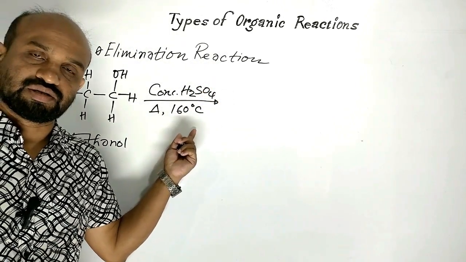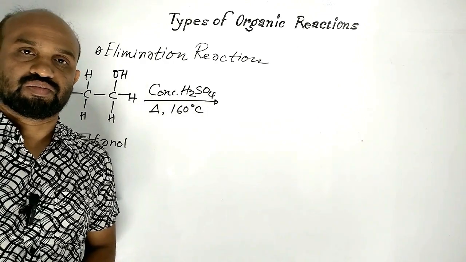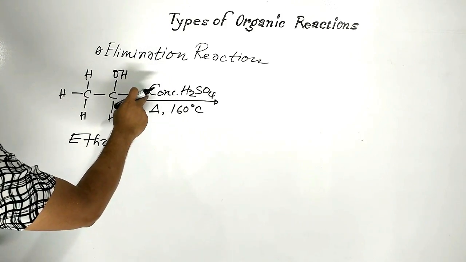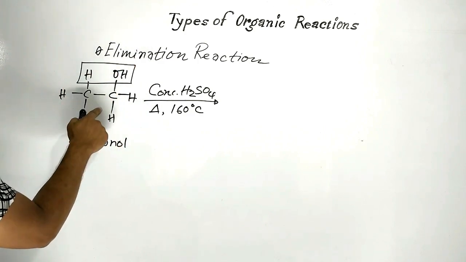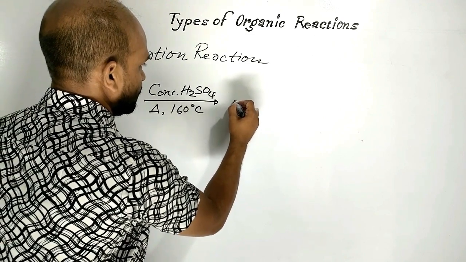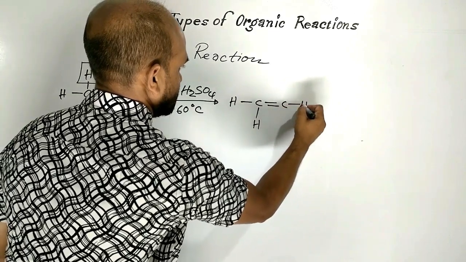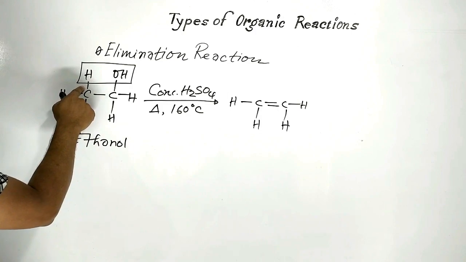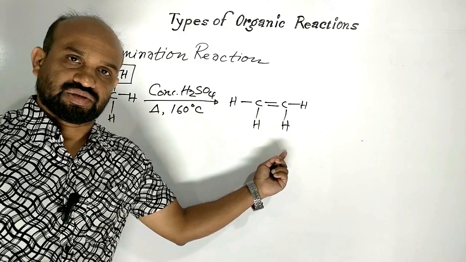Concentrated sulfuric acid is a kind of dehydrating agent. It abstracts water from reactant molecules. Here, sulfuric acid eliminates a water molecule from ethanol. As a result, this compound is formed. Here, two sigma bonds disappear and one pi bond appears.